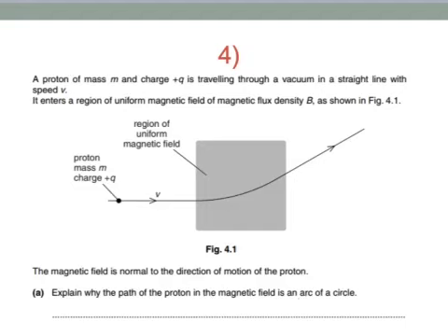So since the velocity is normal to the magnetic field, the magnetic force, BQV, acting on the proton in this case, will also act perpendicular to the direction of motion. Now, this will cause a centripetal force effect on the proton, which makes it move in a circular arc. That would be 2 marks.